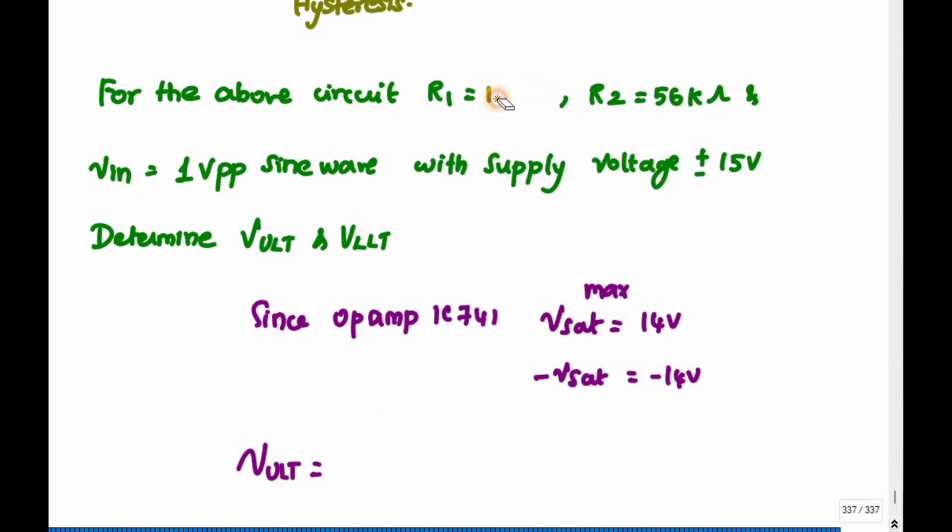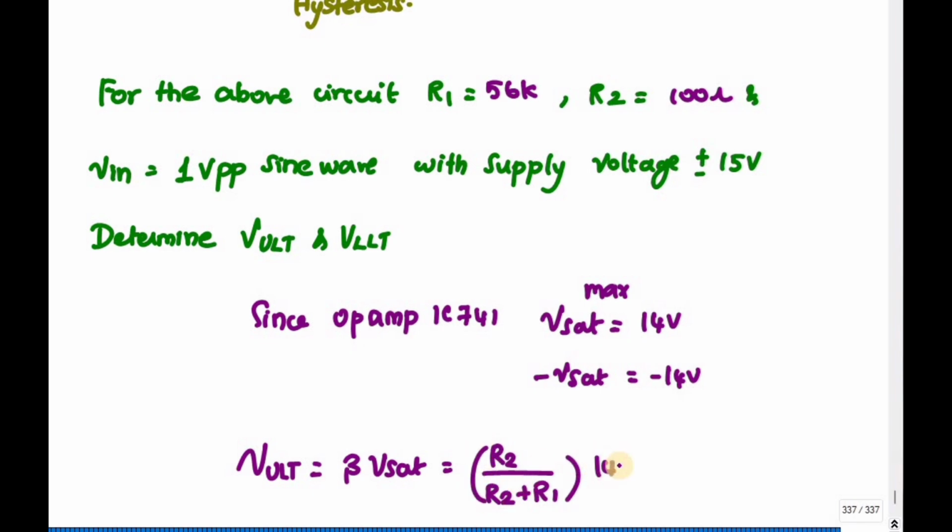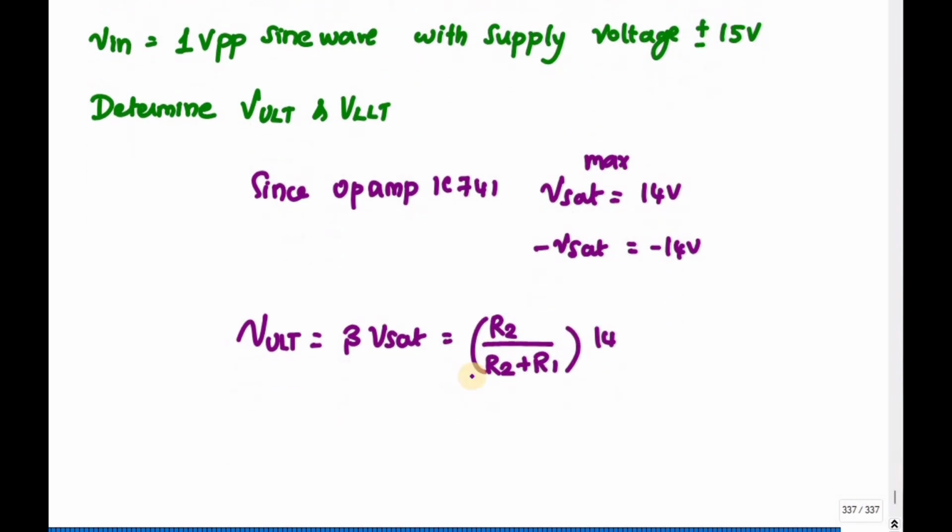So R2 is 56K, and R1 is 100 ohm. That is beta into Vsat, where beta is equal to R2 divided by R2 plus R1, into Vsat. Vsat is 14, right?